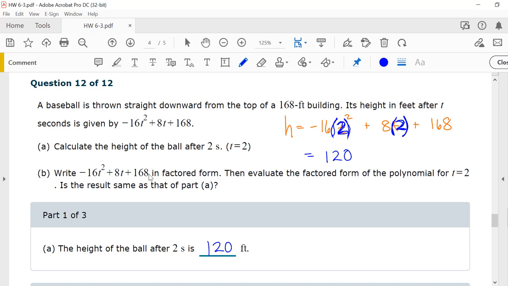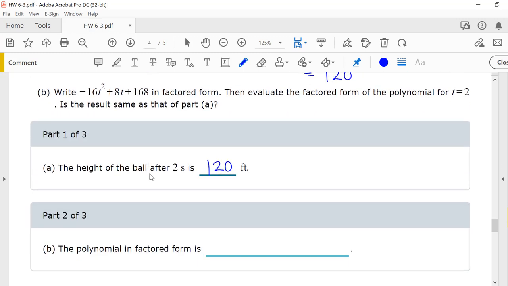Now it says to write that in factored form, then evaluate the factored form of the polynomial for t equal 2. All right, factored form. We want to go factor negative 16t squared plus 8t plus 168.